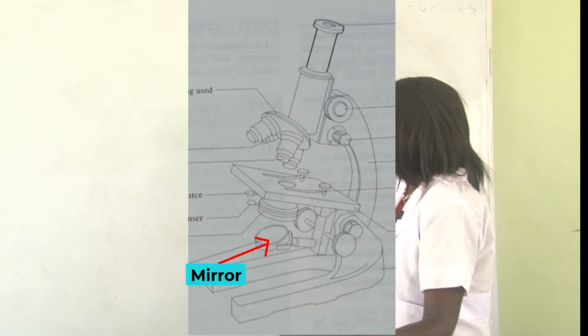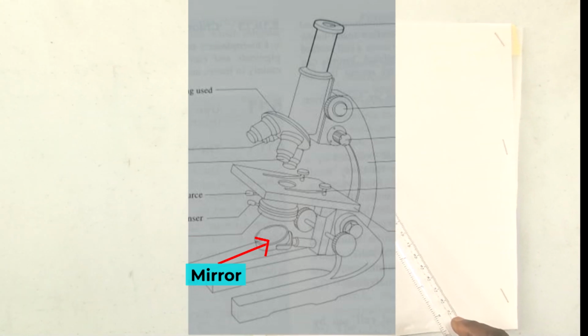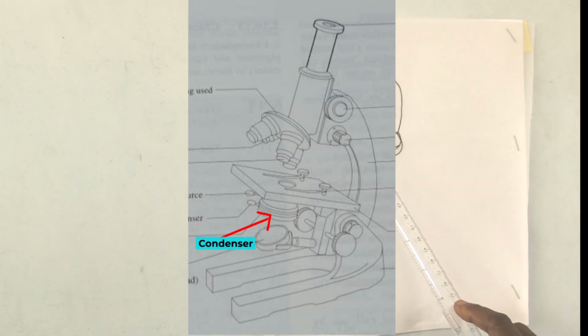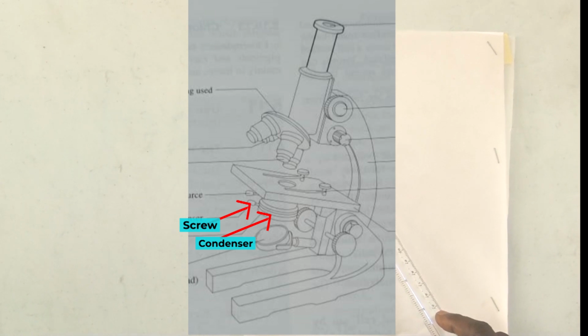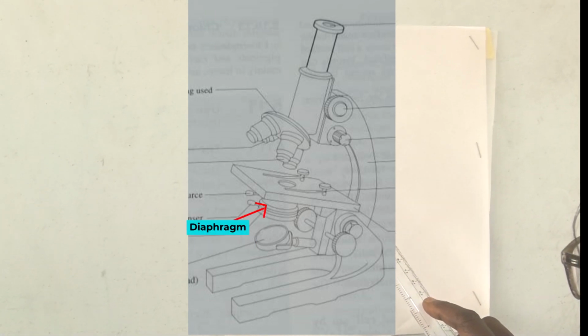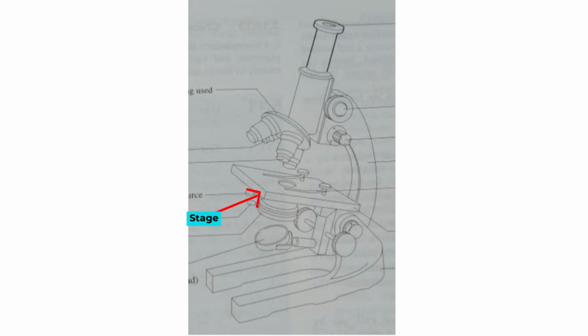In the old type microscopes, this is the mirror. It takes the light and puts it in a condenser. This is a screw that regulates the condenser, and then it comes into a diaphragm. This is a screw that regulates the diaphragm. Then this is the stage, and our specimen will lie on the microscope slide on the stage.